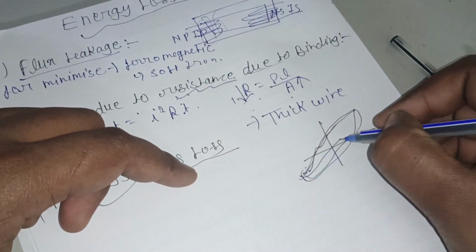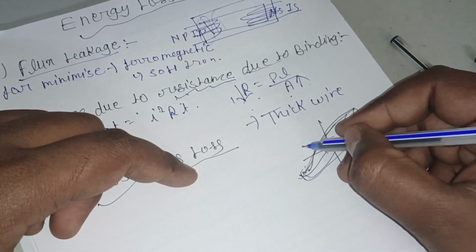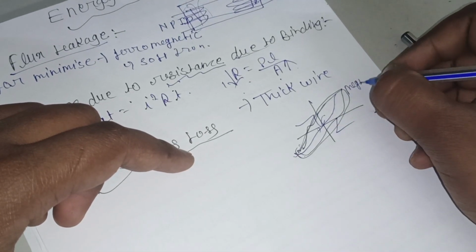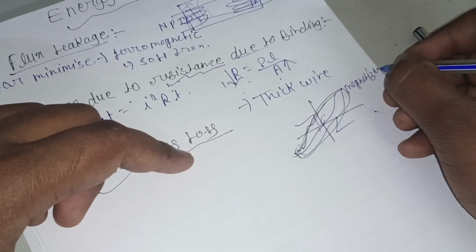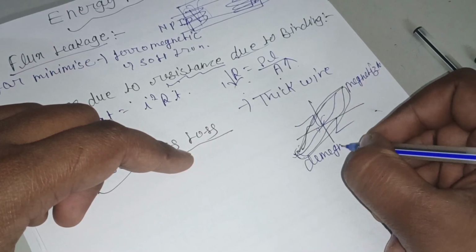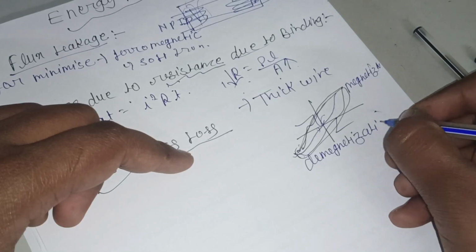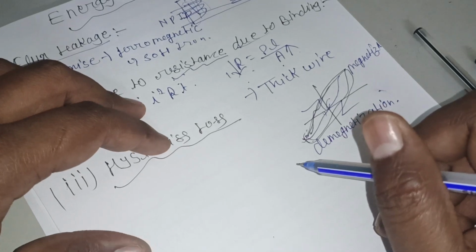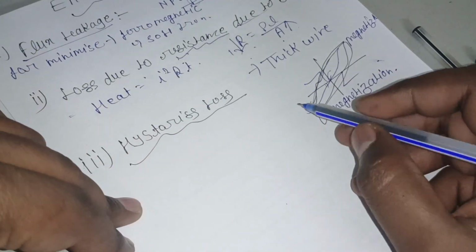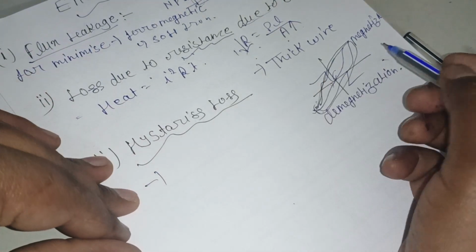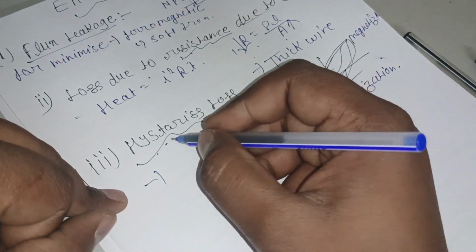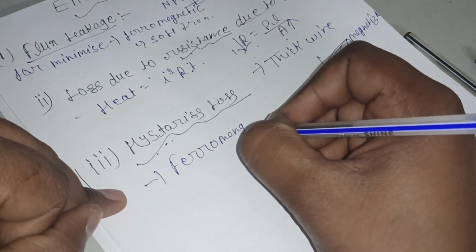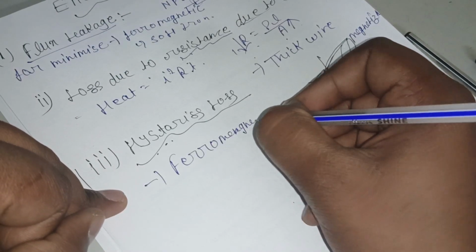Here is magnetization. Here is demagnetization. To minimize this hysteresis loss, we again use ferromagnetic iron.